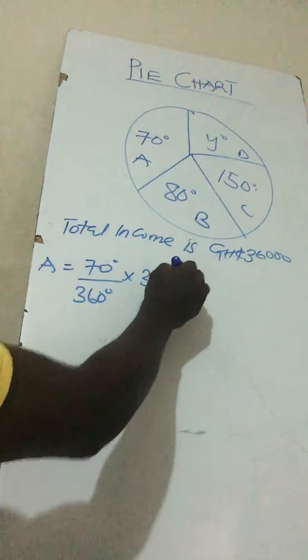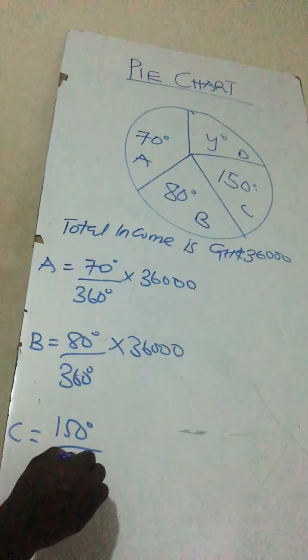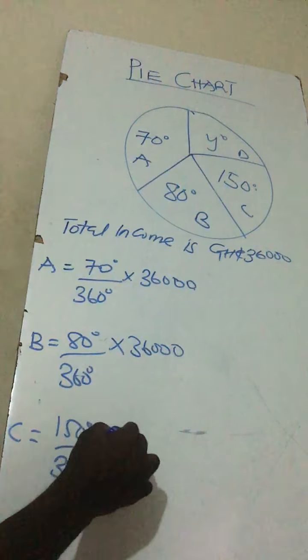Are you okay? If we come to B, B's angle is 80. So 80 over the total 360 degrees times 36,000. If you come to C, we have 150 degrees over 360 degrees times 36,000.